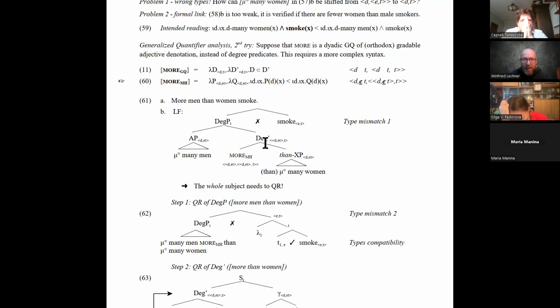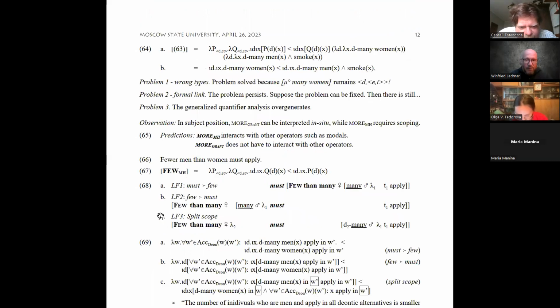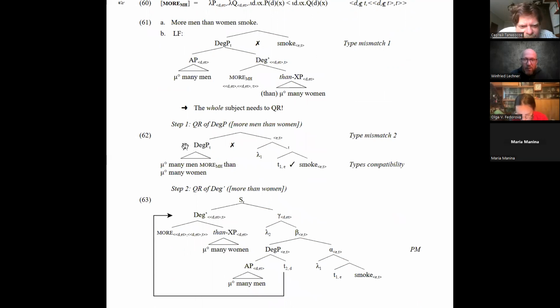Programmatically, we actually combine up to here, up to the DegP. But then we end up with the uncomfortable situation that we have a propositional node being sister to a predicate. Well, we know what to do. We QR the whole DegP, okay? So the first type mismatch is resolved, like in 62, by QR of the DegP.